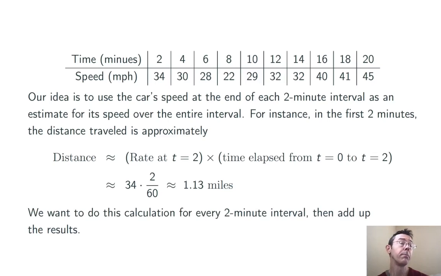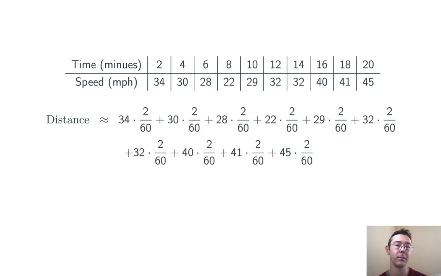Now, we're going to want to repeat this calculation for every 2-minute time interval, and then add up all of the small bits of distance we get to get an approximation for the total distance traveled in those 20 minutes. Here's what we get. Distance equals rate times time plus rate times time plus rate times time, and so on.